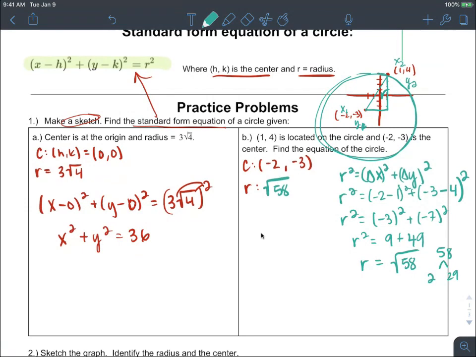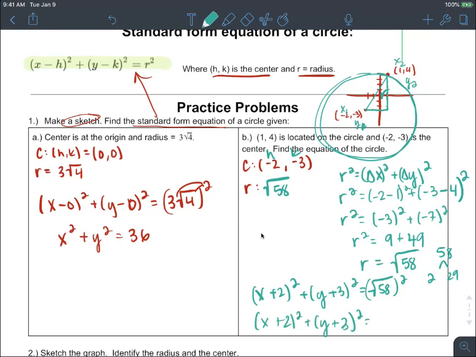So we get x, this is my h and my k, plus 2 squared plus y plus 3 squared is equal to the square root of 58 squared, which is going to give me just 58. Okay.